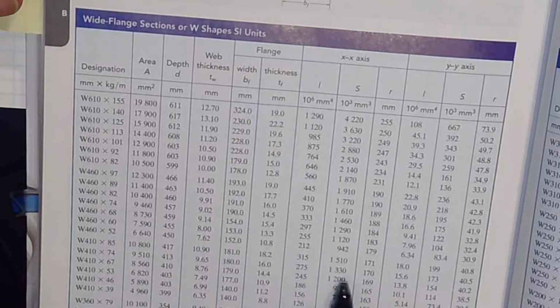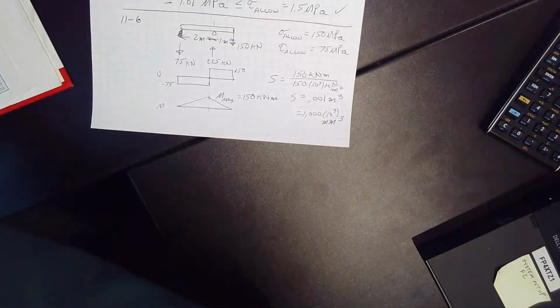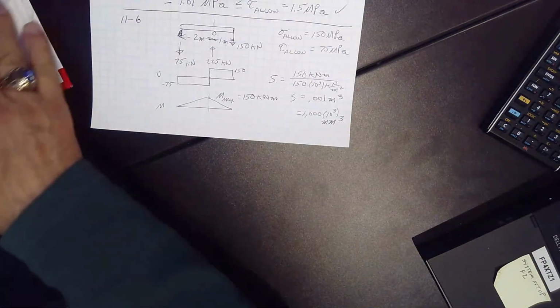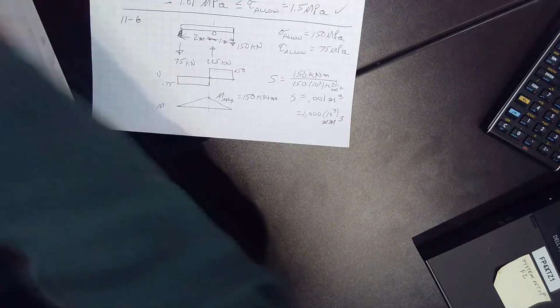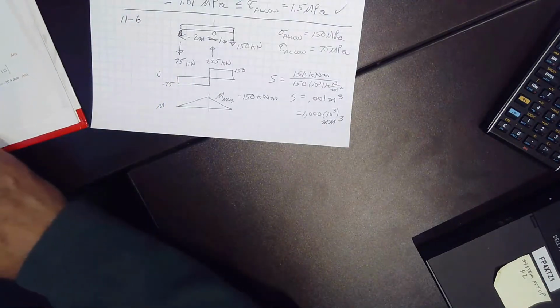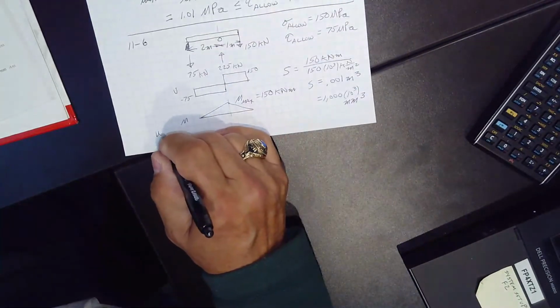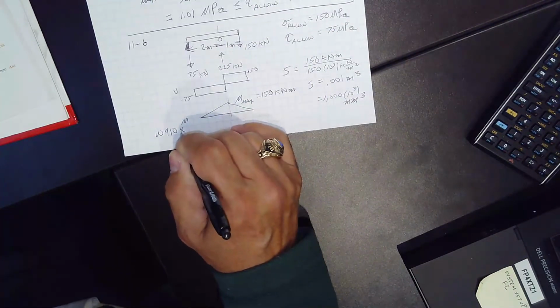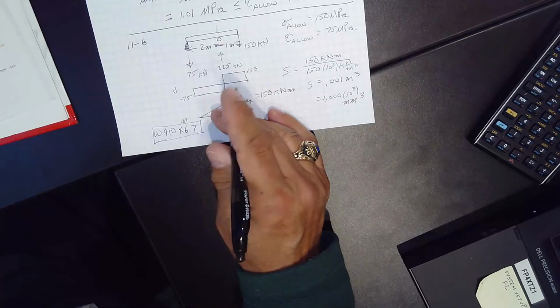No, 67. There we go. So we have a 410 by 67, and that's our choice. That's what we're going to use.